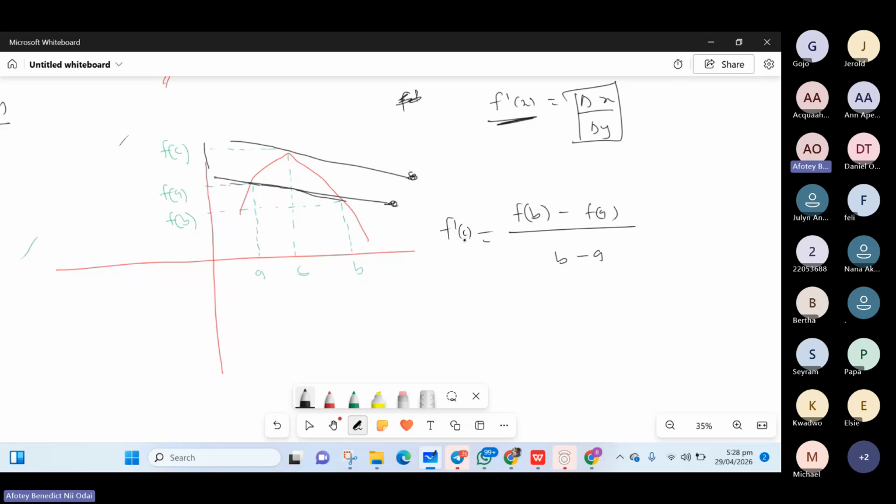You can find the gradient using this formula, which is basically the same as differentiation, because we have 2 points. But in the case of this line, we have just 1 point, so we use the derivative formula for it. So we know that the derivative at the point c is equal to the slope using the point a and the point b. That's why we get this equation.